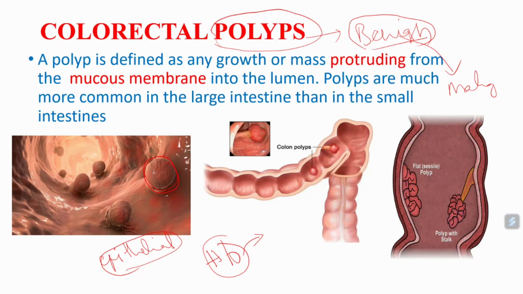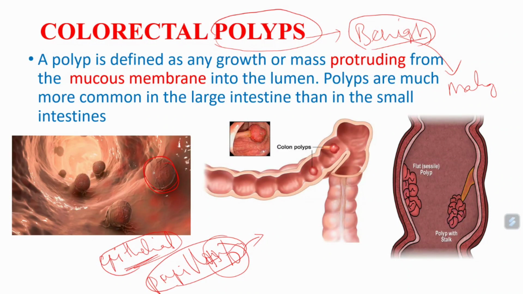And in previous classes, I told you the cancers which are associated with epithelial origin are called, what are they called? Did you remember or not? Papilloma, did I tell?